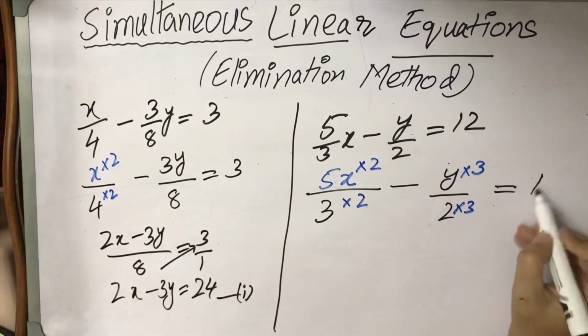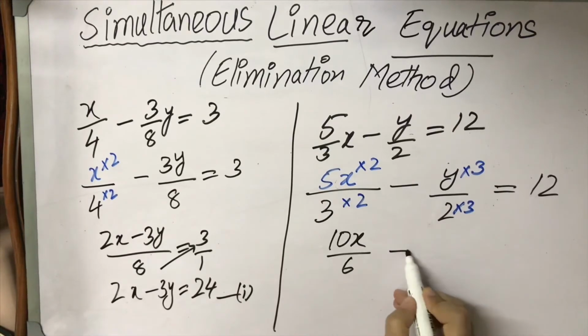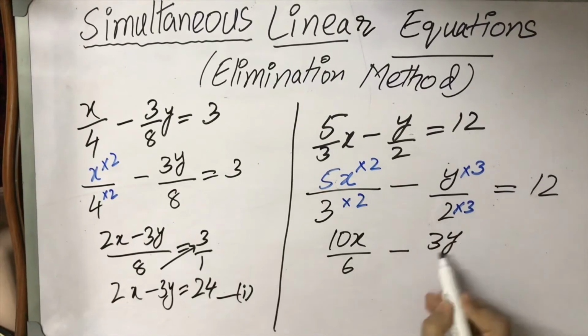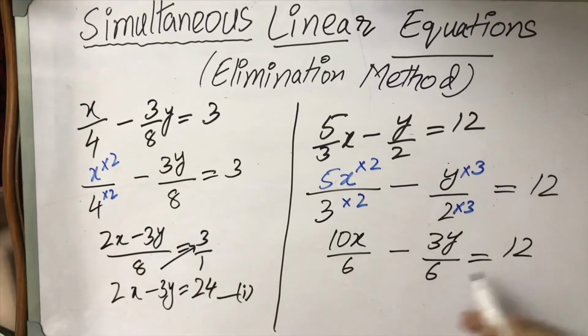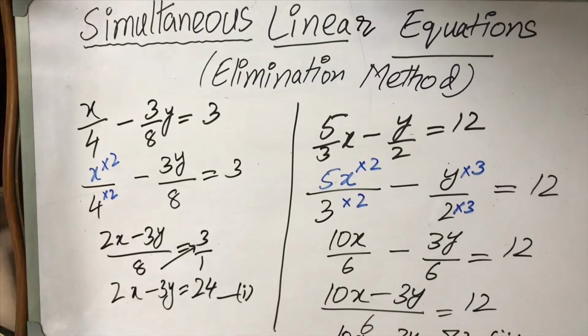Okay, now 5 2s are 10x over 6, 3y over 6, denominator same, take numerators on one fraction, 6 will go there, and you will have 10x minus 3y equals to 72. This is the second equation.